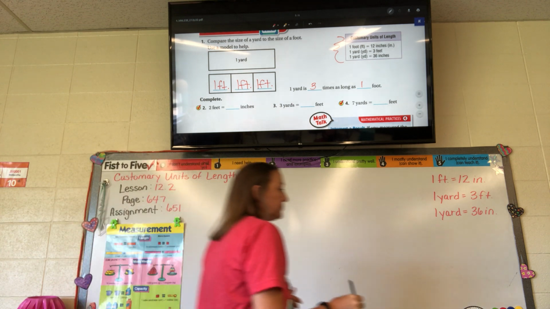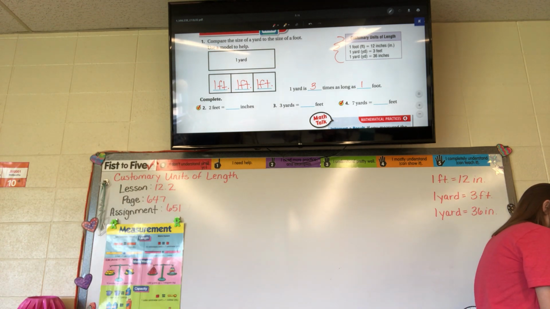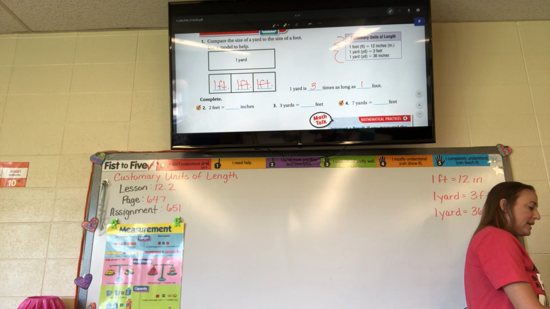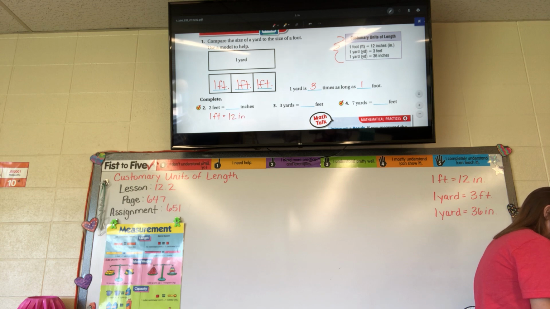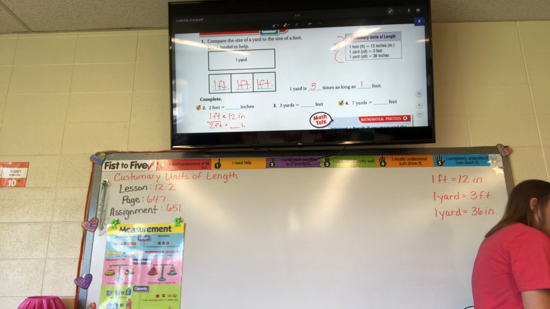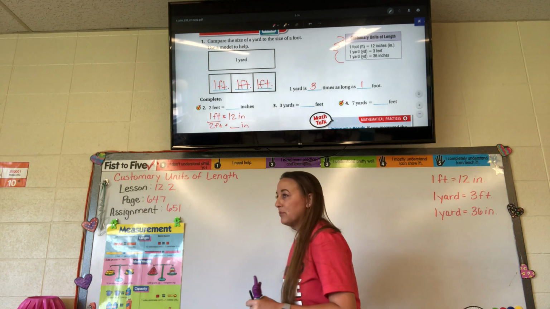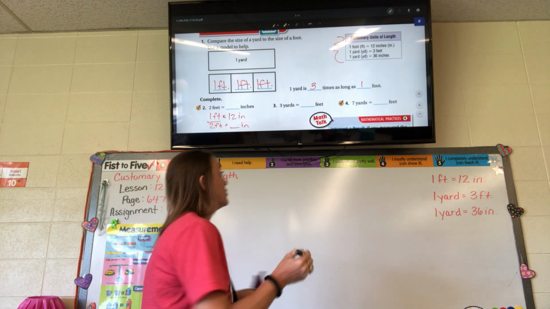So we want to know how many inches are in 2 feet. Well, we know that 1 foot equals 12 inches. And if we put 2 feet on the bottom, 2 feet would equal how many inches? So we're going to do this exactly like equivalent fractions.